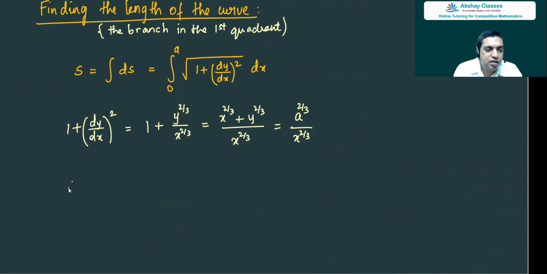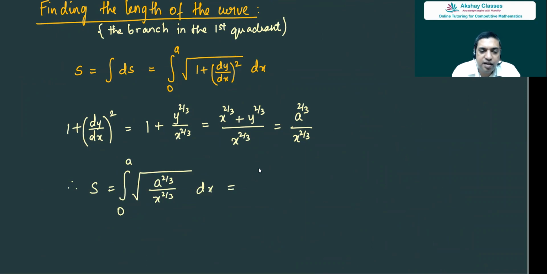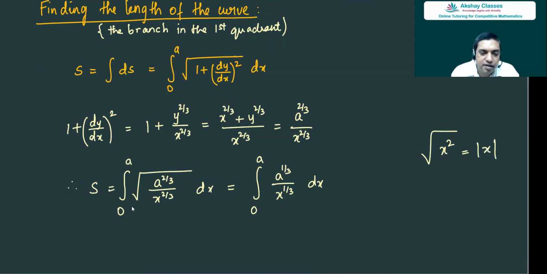So therefore S is integral 0 to a under root of a to the power 2 by 3 by x to the power 2 by 3 dx. Now when I take the under root, I get a to the power 1 by 3 by x to the power 1 by 3. I do not get a modulus. Why? Usually, if I do under root of x square, I should get modulus of x.